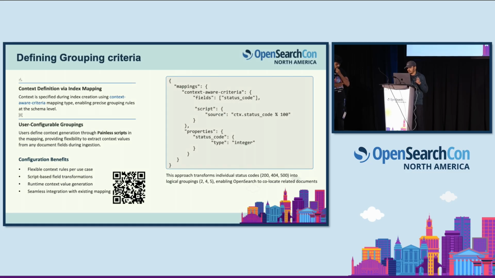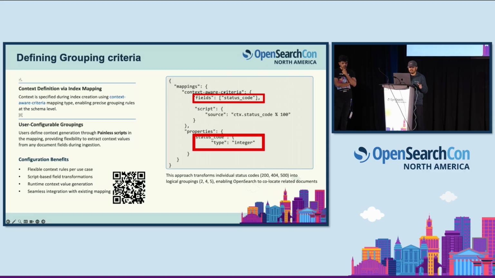By defining the grouping criteria on the status code, as we can see in the example here, the customer will be able to logically group the logs into three buckets, where the first bucket will contain all the success logs, the second bucket 4xx, and the third bucket all the error logs. So if the customer now wants to query 5xx errors during a certain time period, it only needs to scan the segment which contains 5xx error logs. So this essentially improves the overall query performance.